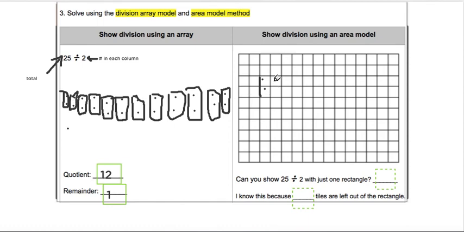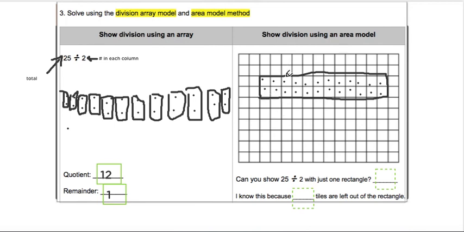So let's just count 12 columns. 2, 3, 4, 5, 6, 7, 8, 9, 10, 11, 12. Well, there's our area model.